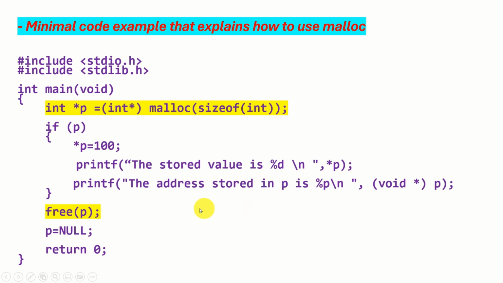That is, we print the address that's being reserved by malloc, or the beginning address of the memory space that's being reserved by malloc. After this code is completed, we need to delete or to free the memory space. For that purpose, we simply type free p, and after that, we assign p to be a null pointer and we return 0. Simple as that.